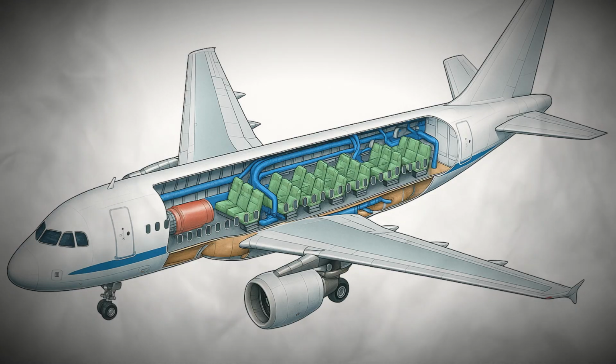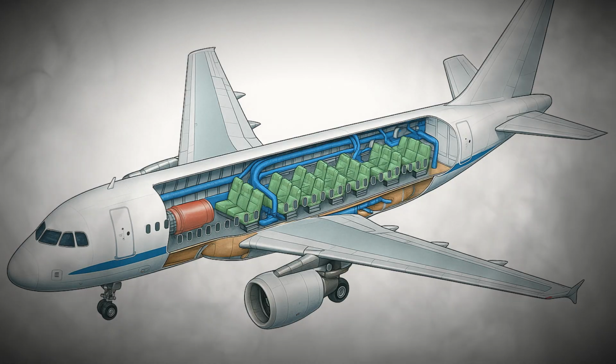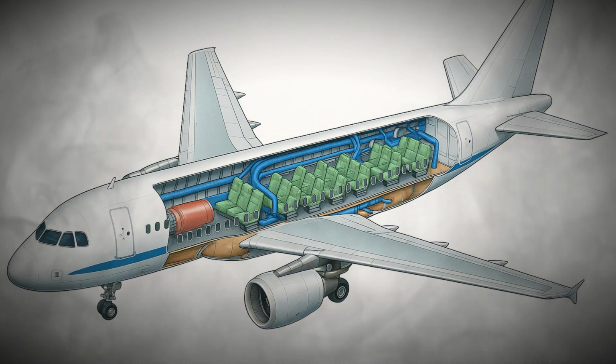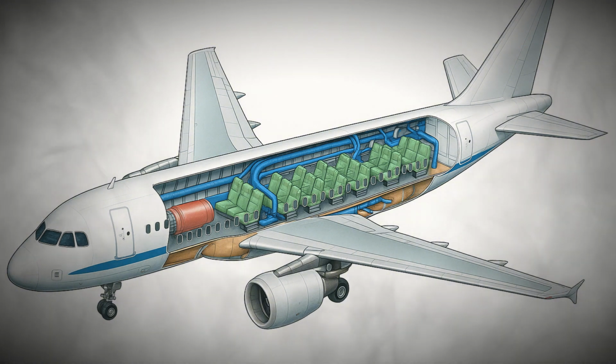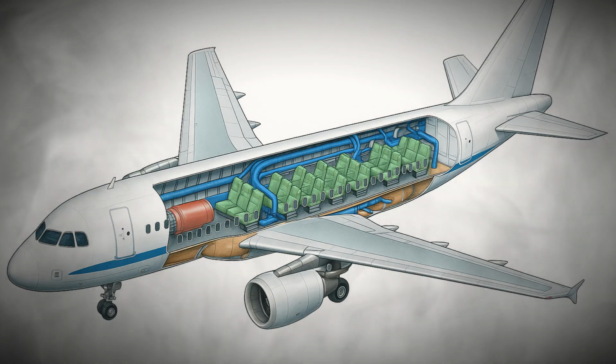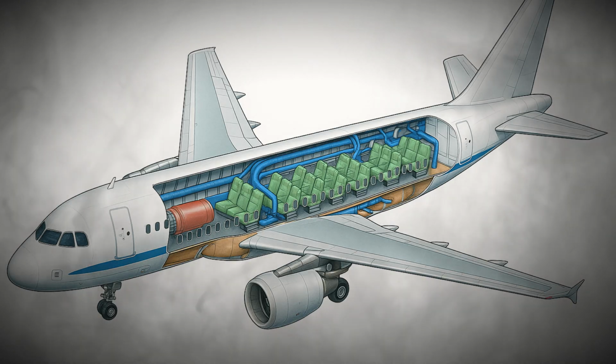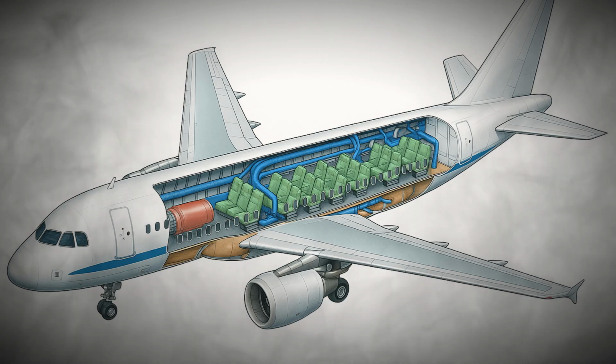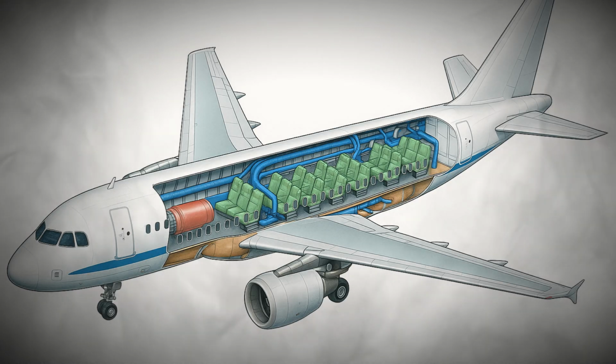These three control surfaces together give pilots full authority over the airplane's orientation in three-dimensional space. Roll, pitch, and yaw are fundamental to maneuvering, and without precise control in all three axes, flight would not be safe or practical.